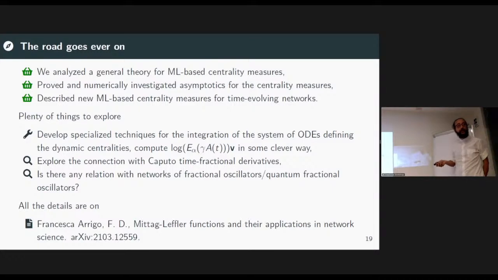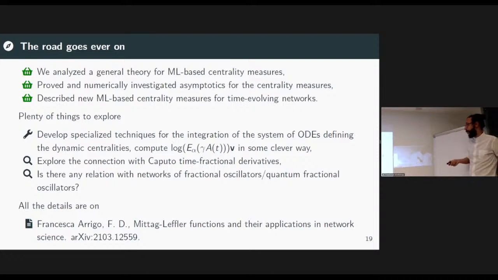So it would be nice to be able to exploit this information and to interpret the result we get in terms of fractional evolution in time. So like Igor was doing fractional evolution in space, maybe we could do the same thing in time. And maybe finding also a physical model representing what we are computing.